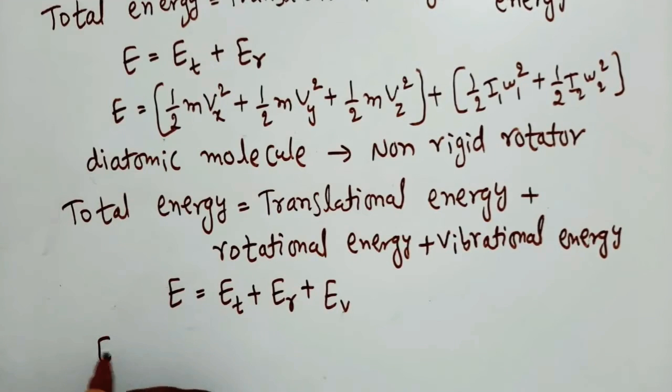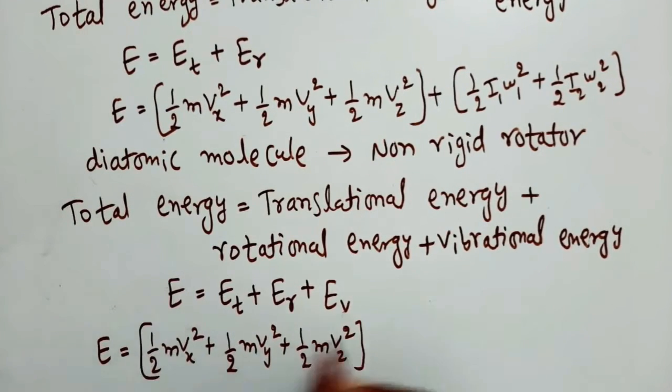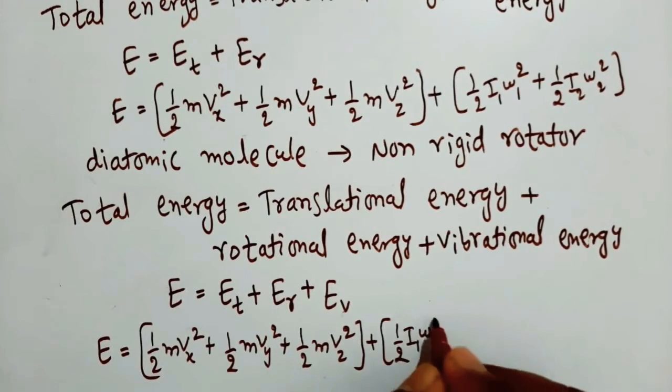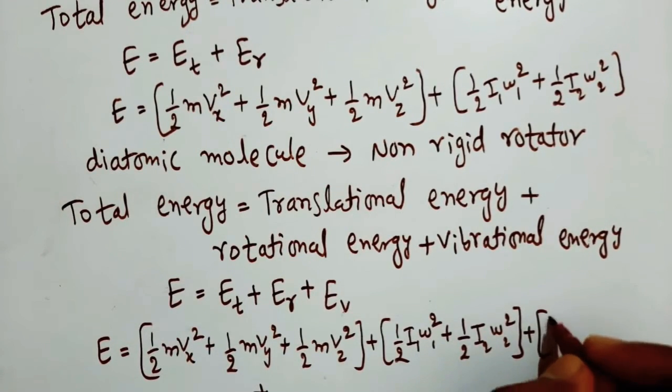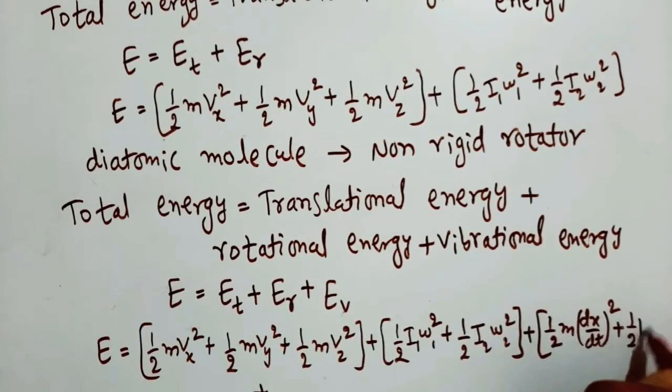That is, total energy E is equal to 1 by 2 mvx square plus 1 by 2 mvy square plus 1 by 2 mvz square plus 1 by 2 I1 omega 1 square plus 1 by 2 I2 omega 2 square plus half m (dx by dt) whole square plus half kx square.